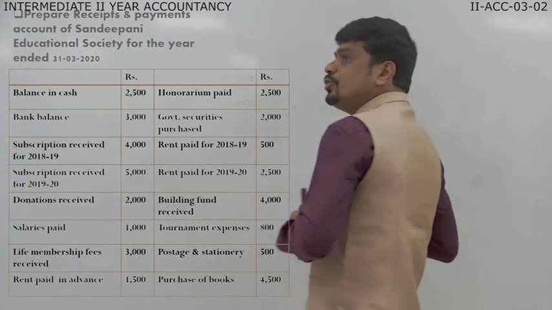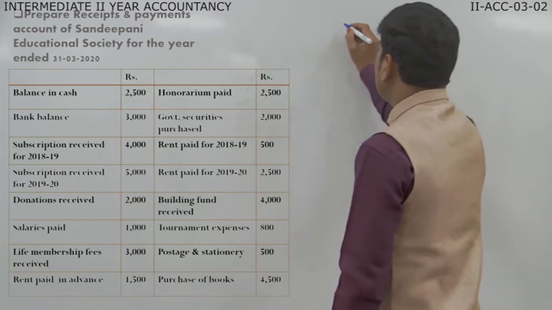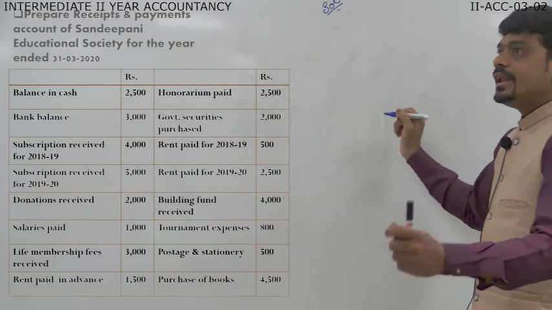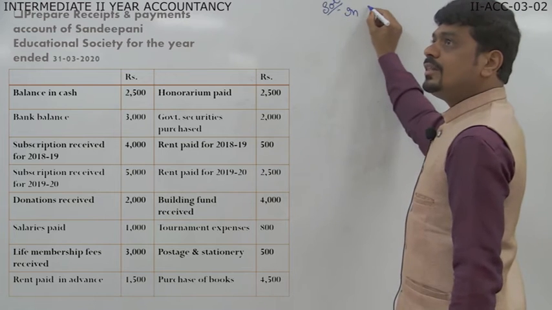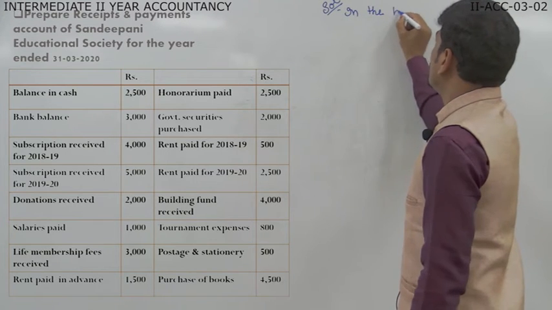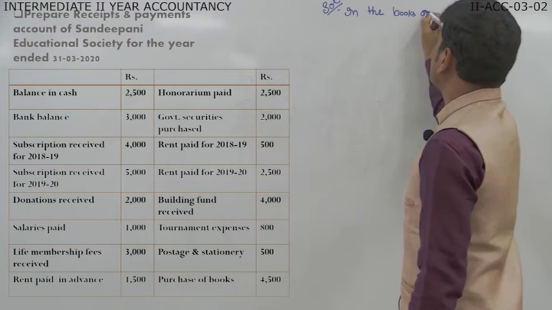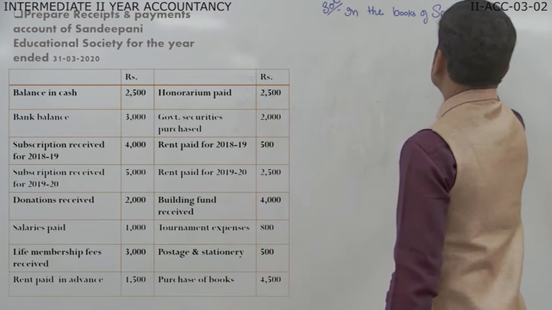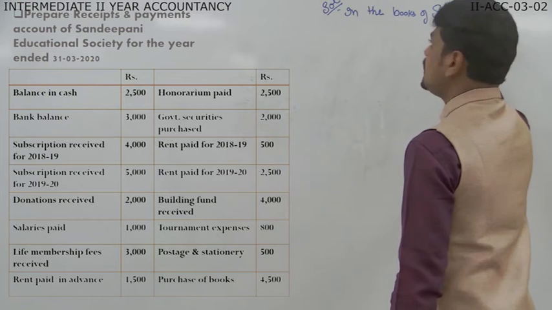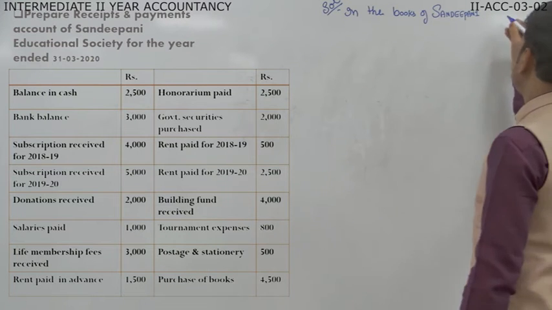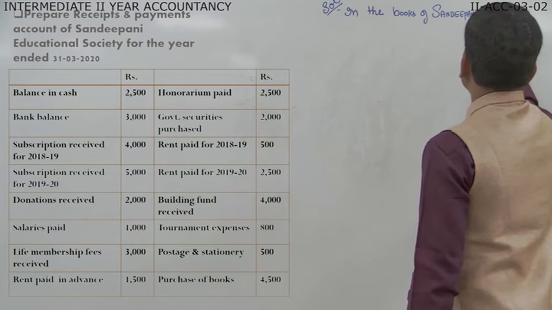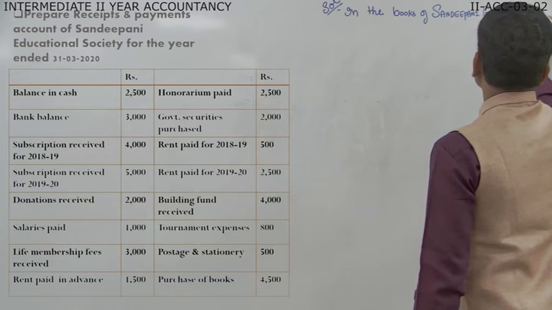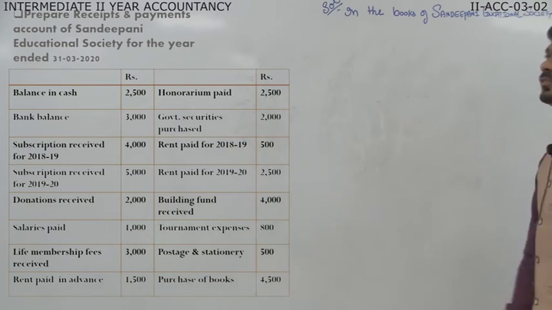The solution heading will be: in the books of, what is the name of the organization they gave? Sandipani Educational Society. That is the first line.